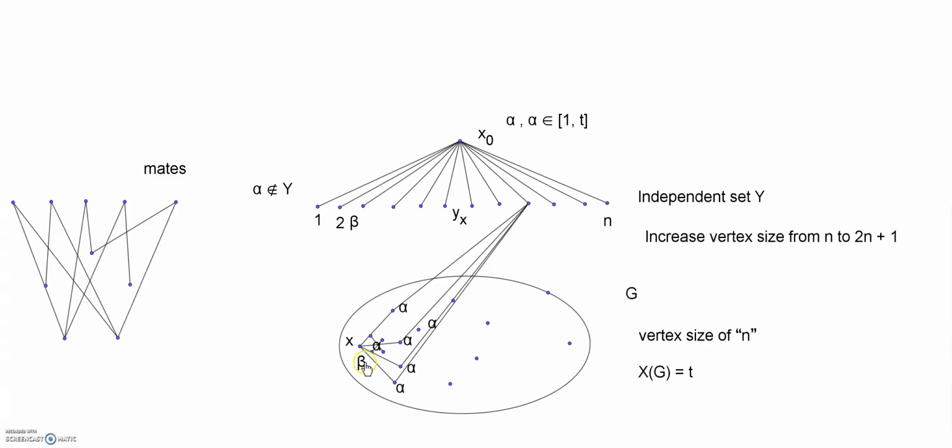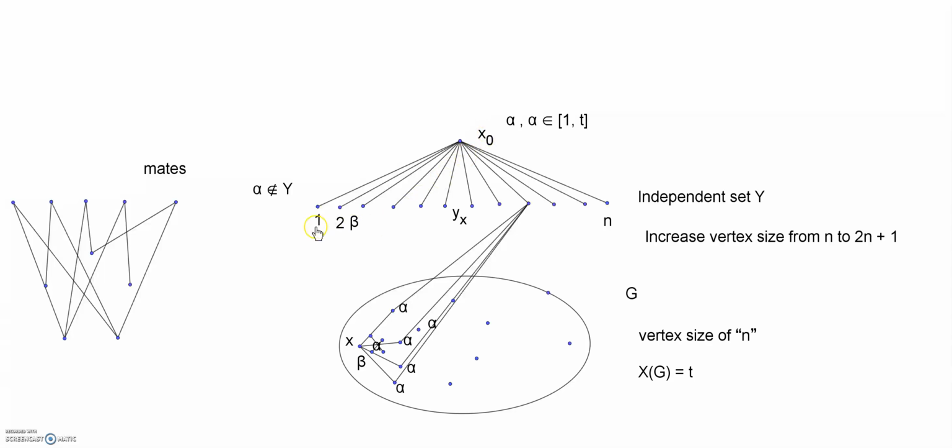And so if we reassign the color of X, the current vertex being analyzed in the original graph G, with beta, and if we look at X naught, the additional vertex, we're saying that it starts with a coloring assignment of alpha.